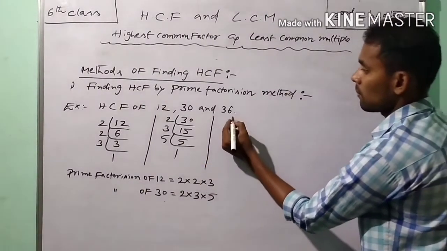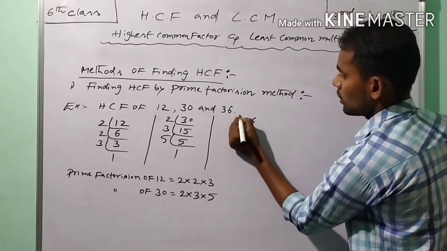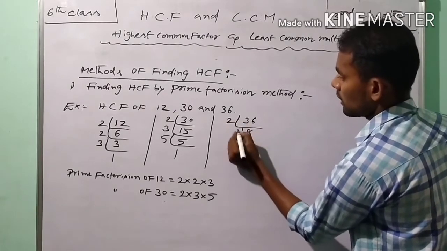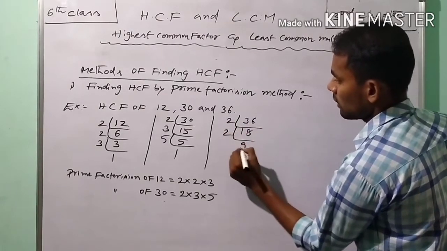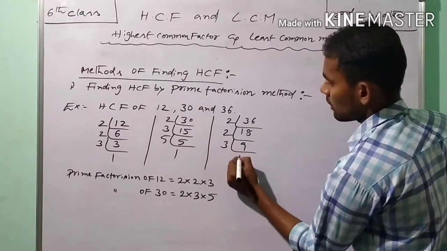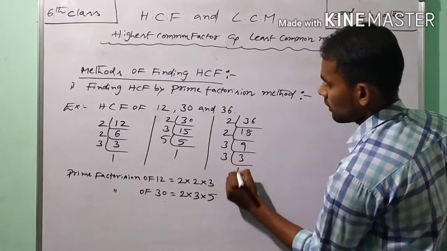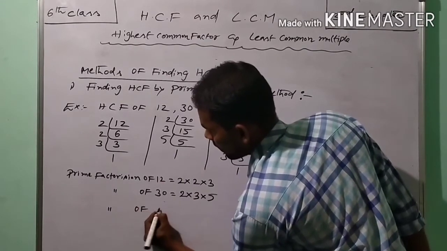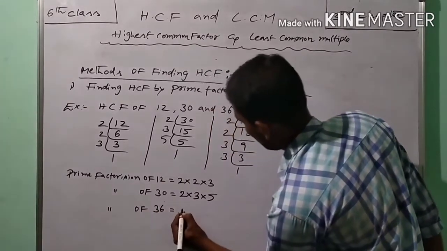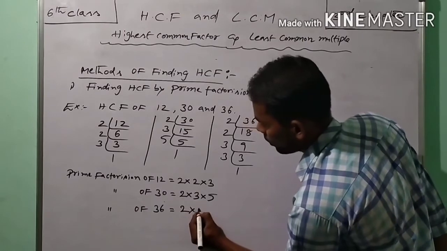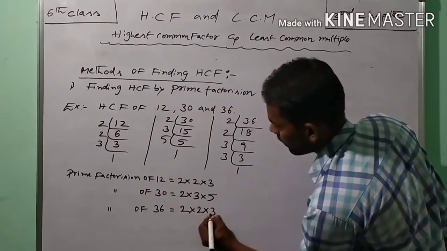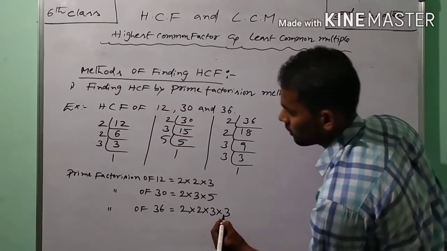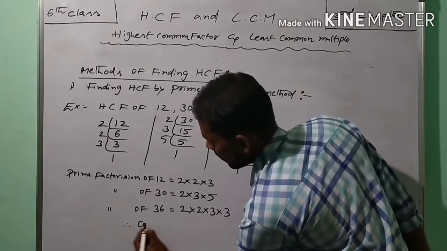Prime factorization of 36: 2 eighteens are 36, 2 nines are 18, 3 threes are 9, 3 ones are 3. So 36 equals 2 into 2 into 3 into 3.